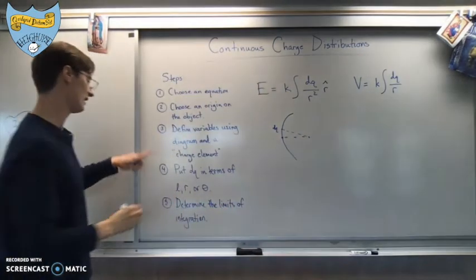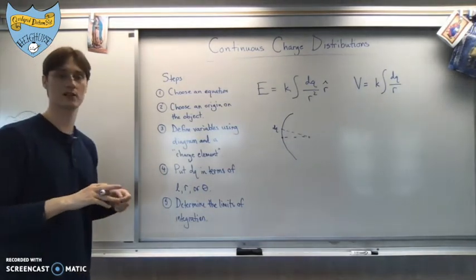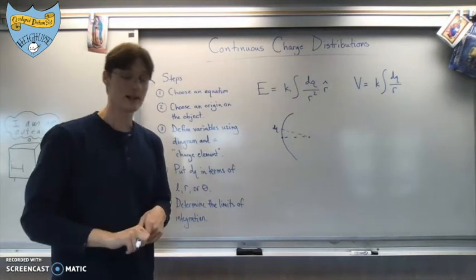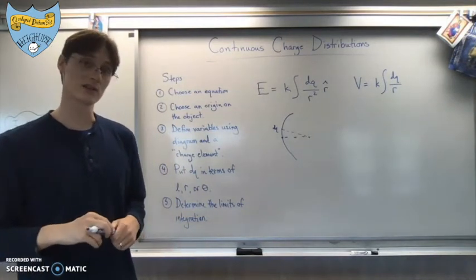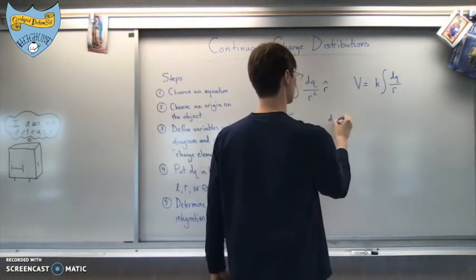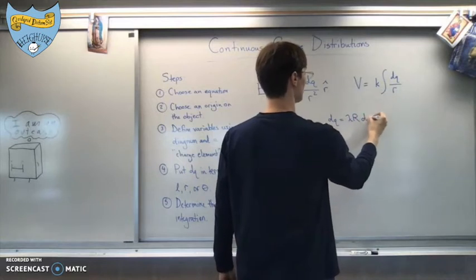Next step is in our equation, we're going to put dq in terms of, it says L, R, or theta. All right, now in your notes packet, there is a substitution that we'll be making for dq, and that is that dq equals lambda r d theta.